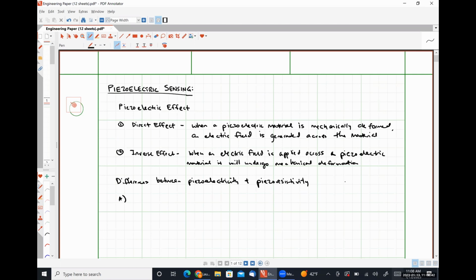So the first main difference is that while all materials exhibit piezoresistivity, only some materials exhibit piezoelectricity.